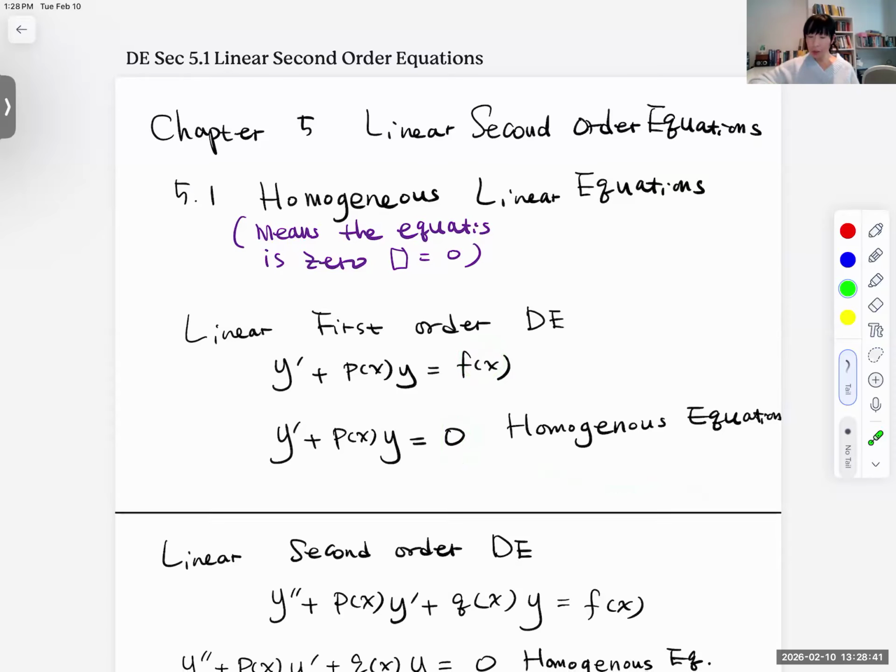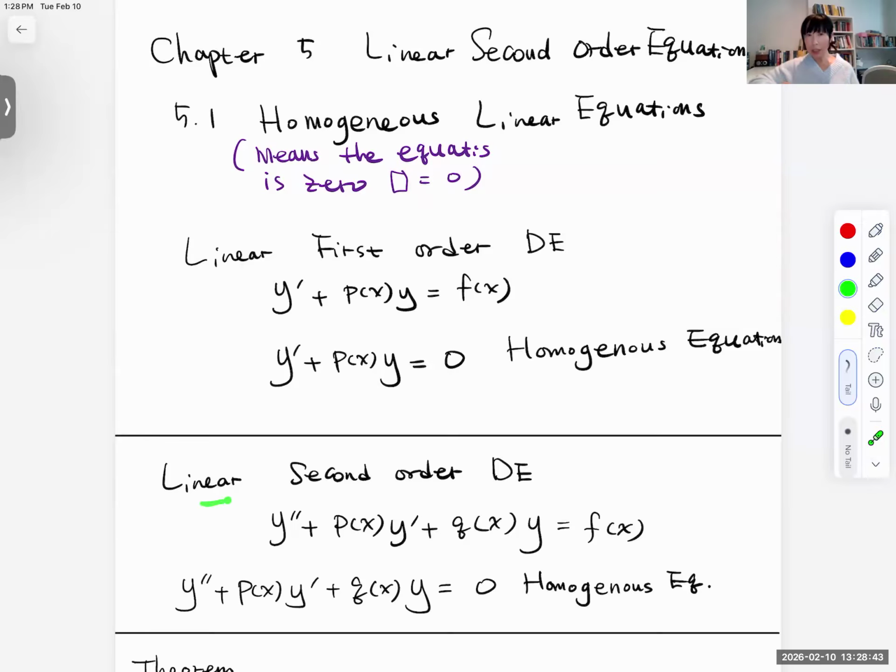This chapter, we have linear second order differential equations. So we have a second derivative, then we have a polynomial times the first derivative, and we have another polynomial.